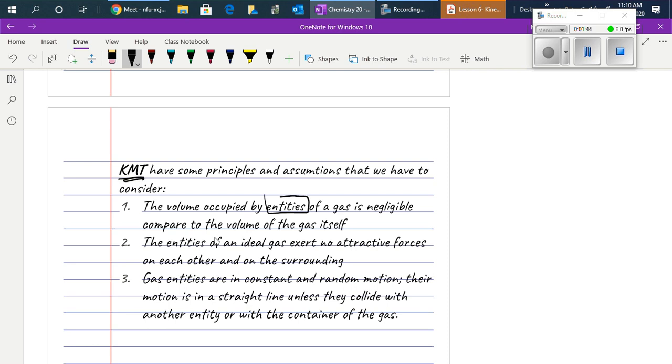When we talk about entities of gas, what we have in mind is all the particles and molecules of the gas.